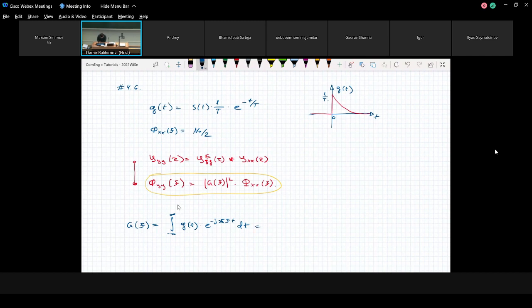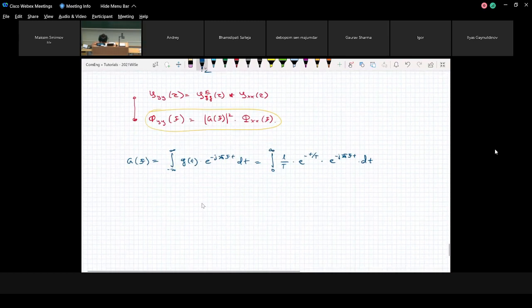So after we substitute, we get the integral from 0 to infinity of 1 over T times exponential minus t over capital T times exponential minus j 2 pi f t. Now you need to calculate this integral, but it's very simple.